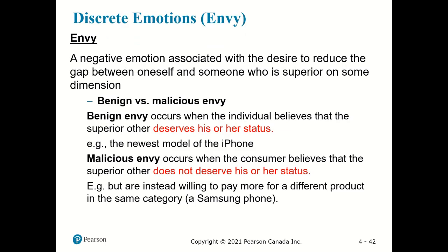So, discrete emotions. On the other side, the second type of emotion is envy. Envy means a negative emotion, not a positive one. It is totally related to the desire to reduce the gap between oneself and someone who is superior on some dimension.